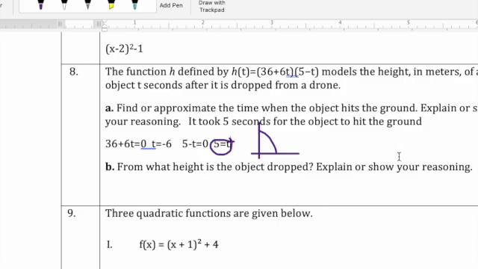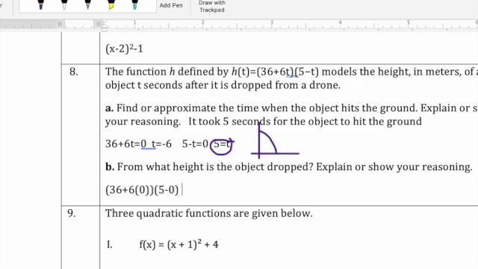Well, if we know that our y-intercept happens when t is 0, we're going to set t equal to 0. So 36 plus 6 times 0, times 5 minus 0.